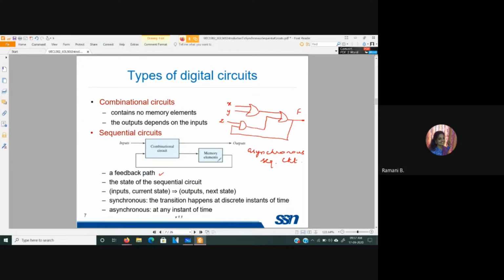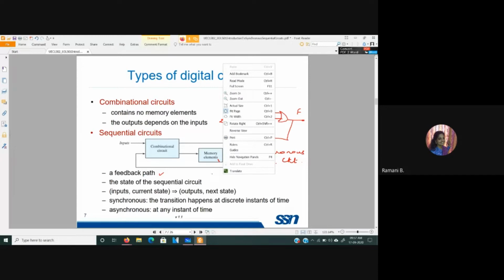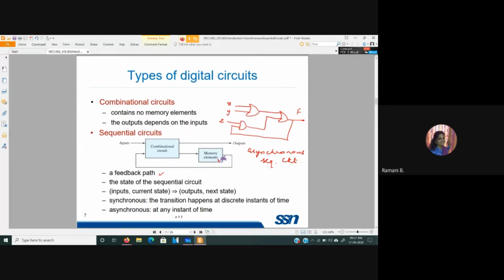And in other cases we will have external memory elements as such. The external memory elements that we use with respect to this design are the latches and flip-flops. So that is the basic building block in a sequential circuit. Okay. So with respect to that, we will be naming something called state of the sequential circuit.